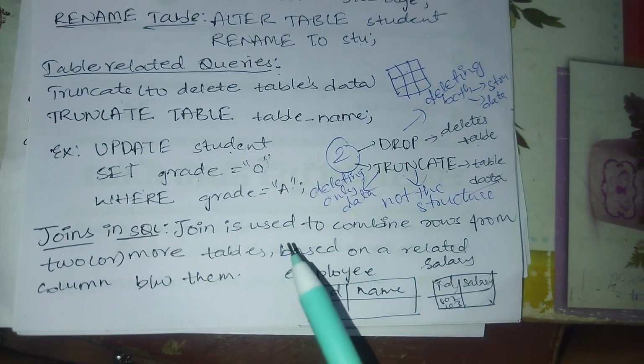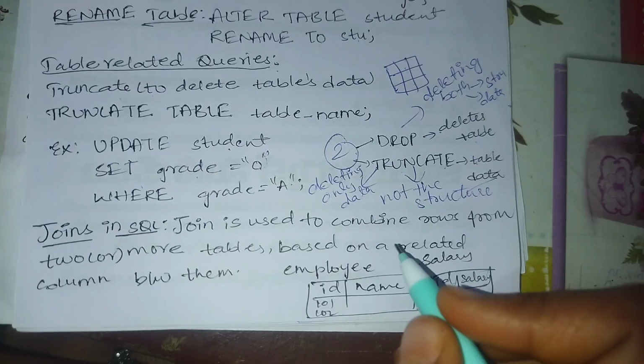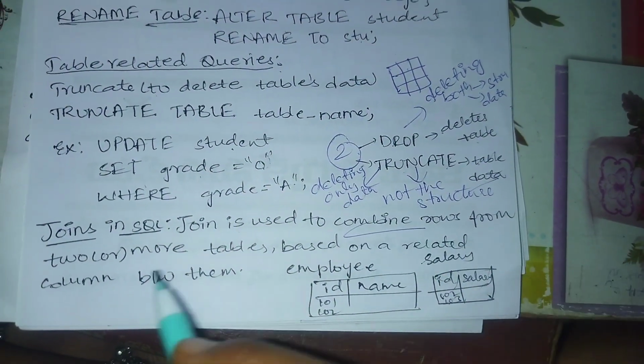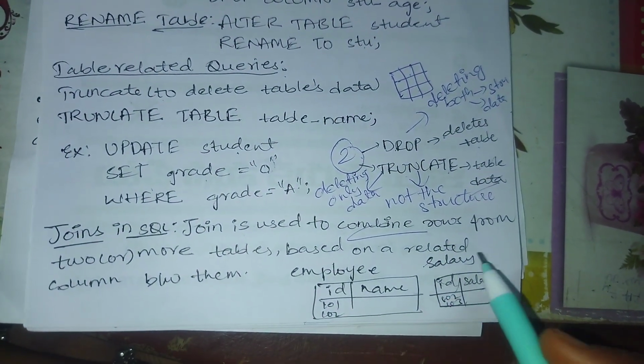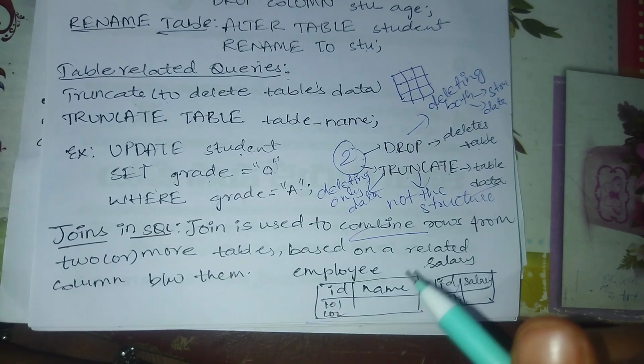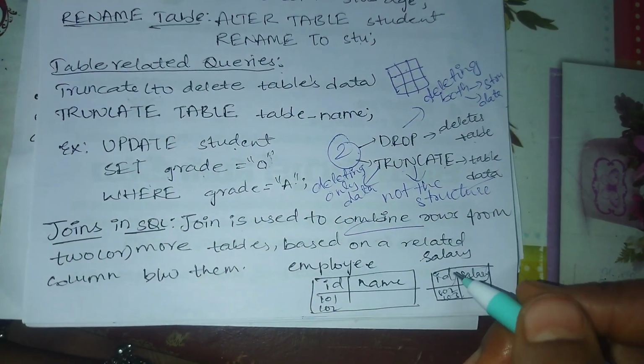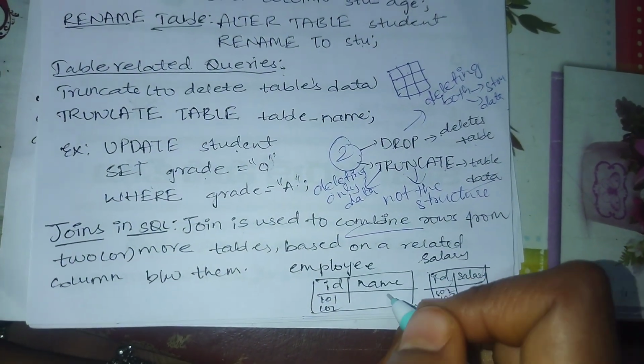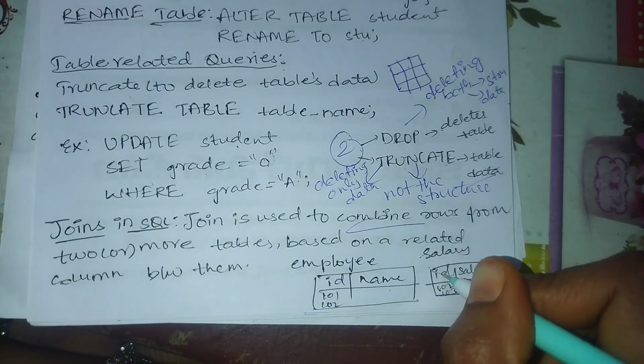Join in SQL is the process of combining rows from two or more tables based on a related column between them. Like this is the employee table, with employee name, employee ID, salary.